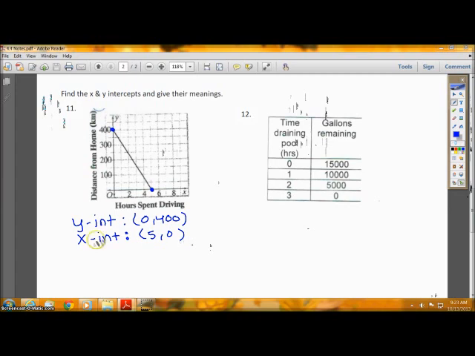And what does this mean? Okay, well my y-intercept is my beginning amount. So we're beginning, I'm going to use beginning because that's what we're going to use a little bit later. We're beginning 400 miles from home.